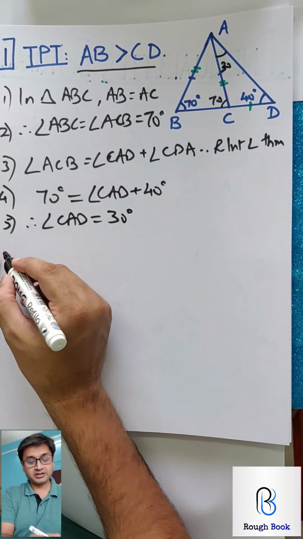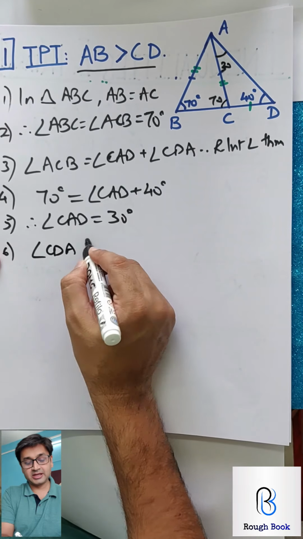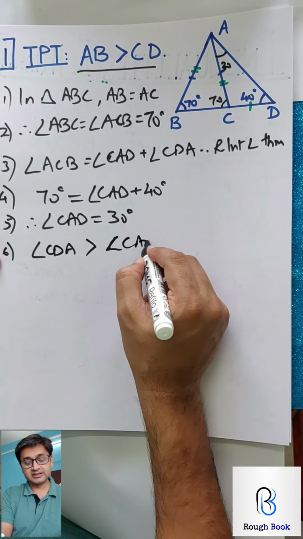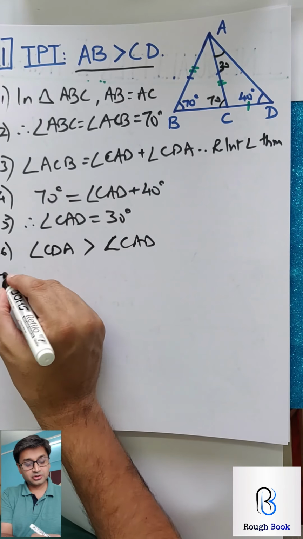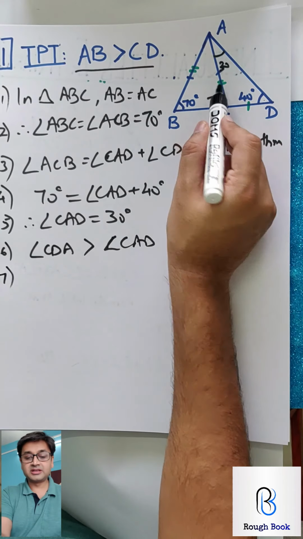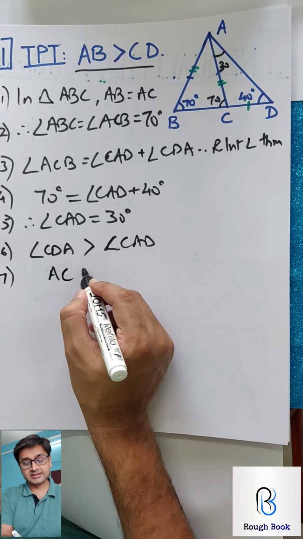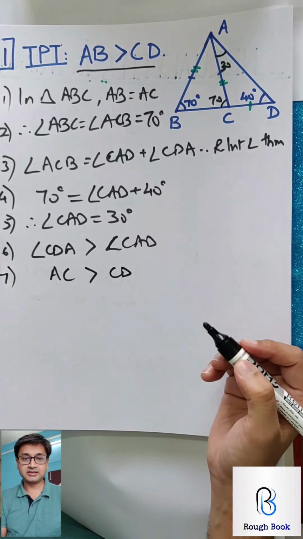So I got this 30. Once I got this 30, I can now say that CDA is greater than angle CAD, because this is 40 and this is 30. So you don't need to give any reason. CDA, what is the side opposite to that? AC. And CAD, side opposite to that is CD.